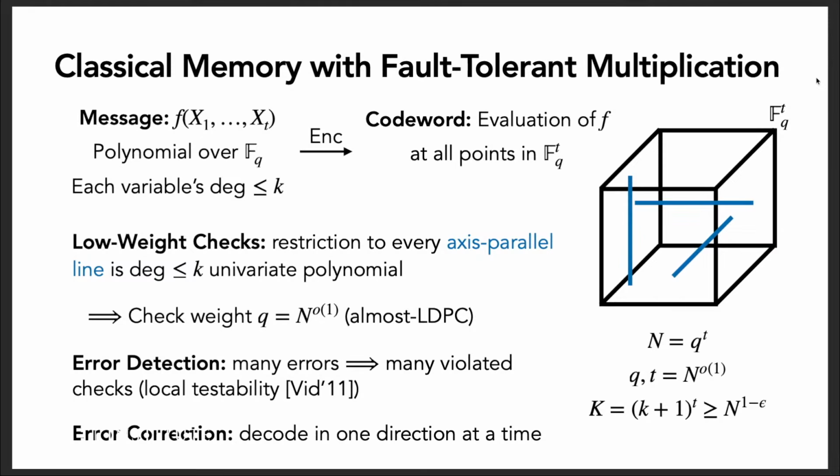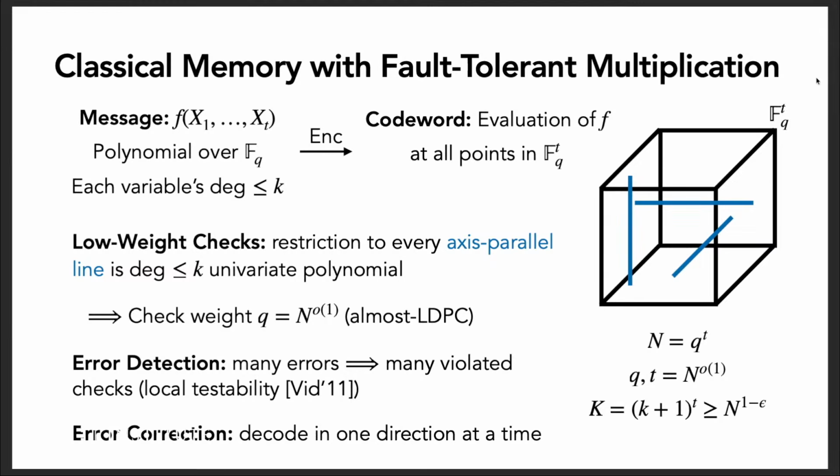And it turns out that we can do even more. We can also perform low depth fault-tolerant decoding. If we go through the t directions one at a time, we run a decoder within every column in that direction, a decoder for the univariate polynomial evaluation code. Then we can decode in one direction at a time and ultimately correct whatever errors may have occurred on our code state.